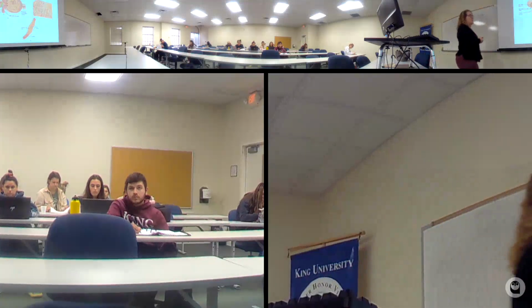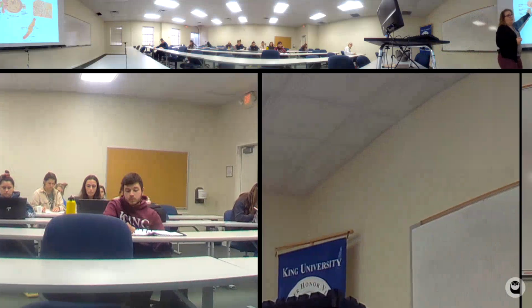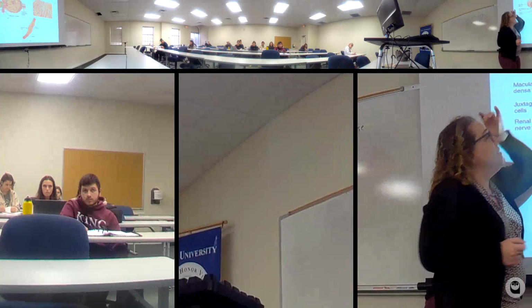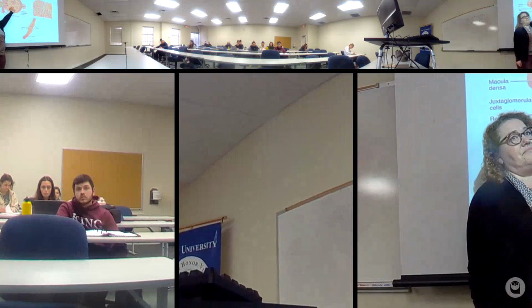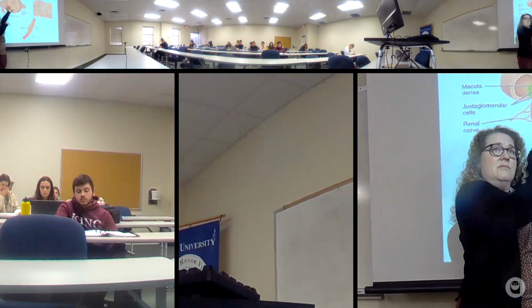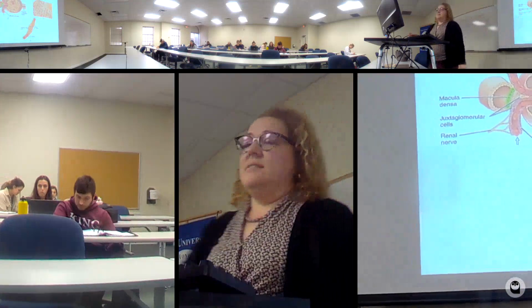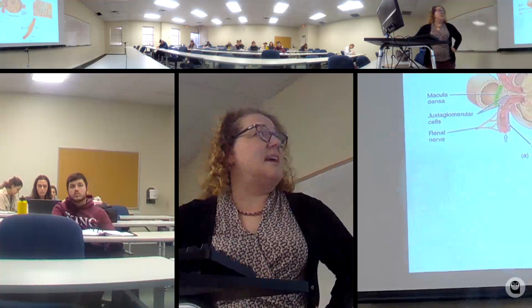And we're going to start in a certain place with kidney anatomy in the nephron, which is at the glomerulus. So we're starting here with the glomerulus and the glomerular capsule.